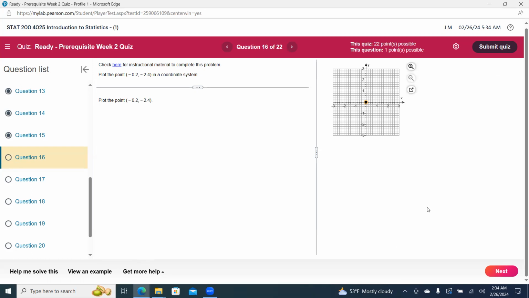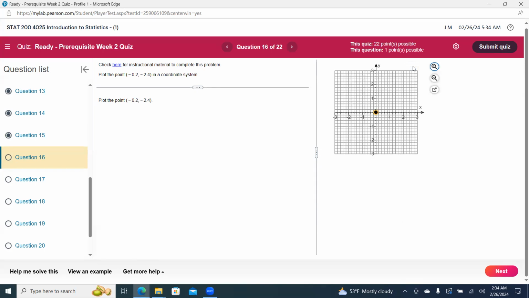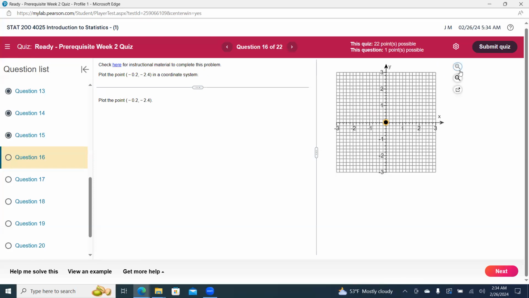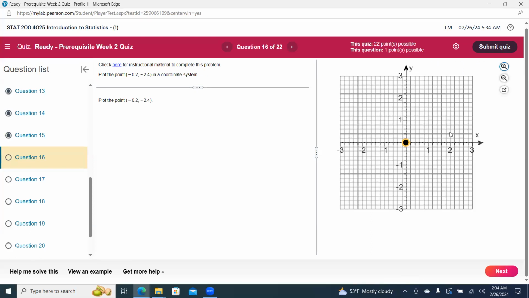Okay, so plot this right here. Can we plot that guy? We have to figure out how to do this. So negative 0.2, negative 2.4. Negative 0.2 is 1/5. If I don't take this too serious, I could get it wrong.